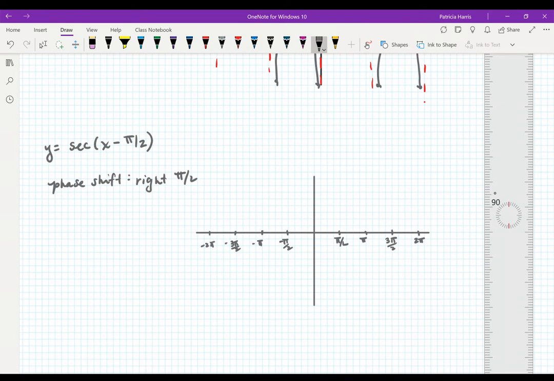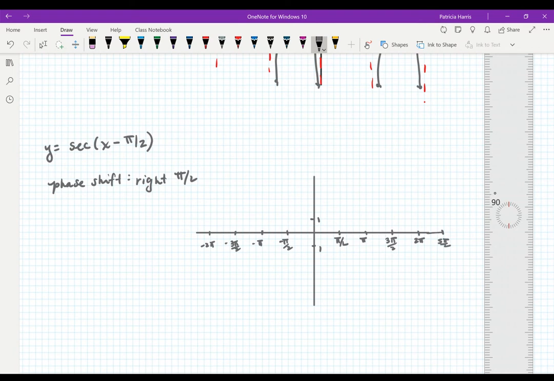Oops, forgot my negative. Now, again, if you're able to graph it with a phase shift, it's up to you.